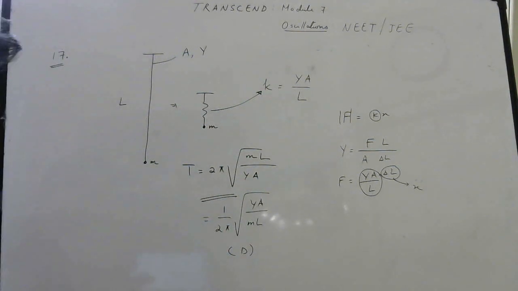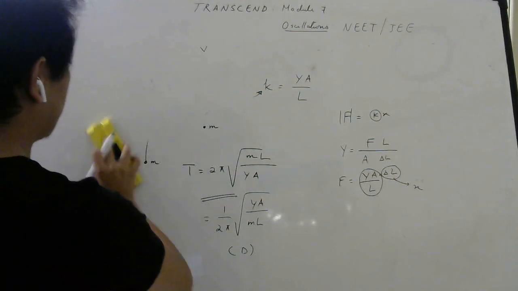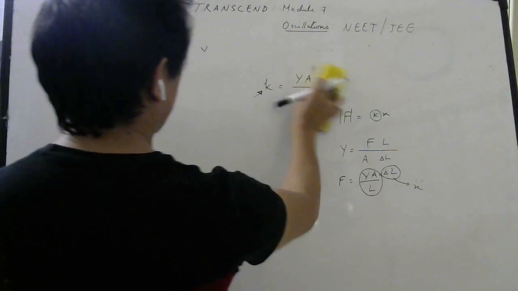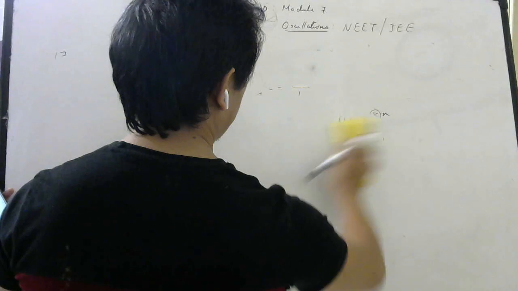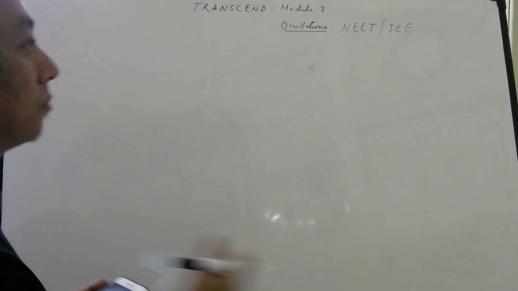Okay. Next problem, question number 18, is also based on finding the period of oscillation for another kind of system. If you are given a rigid body, there is no concept of finding period, because that body will not change its dimension, so there's no question of coming back and performing oscillations.